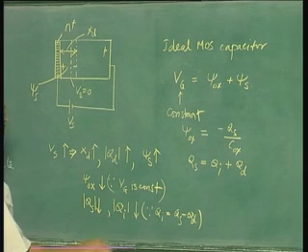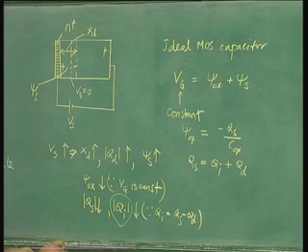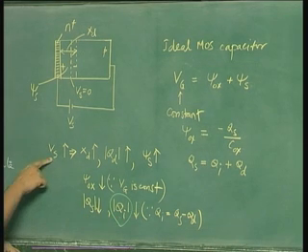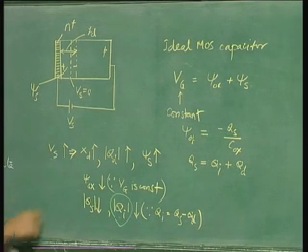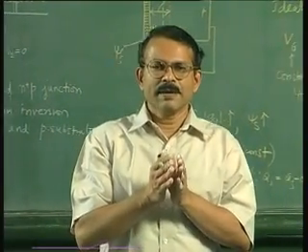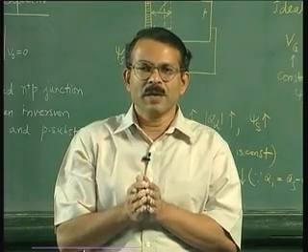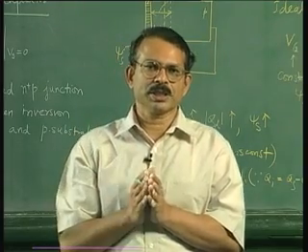Now this is the important result, a consequence of increase in Vs. So what we derive from here is that the effect of increase in Vs is decrease in the inversion charge, but increase in the depletion charge. Okay.